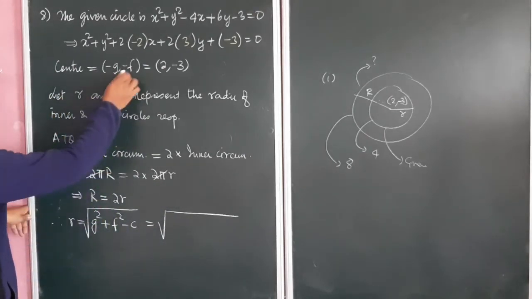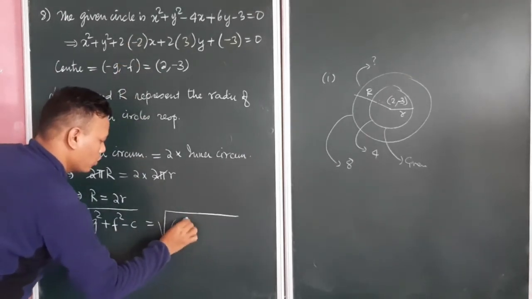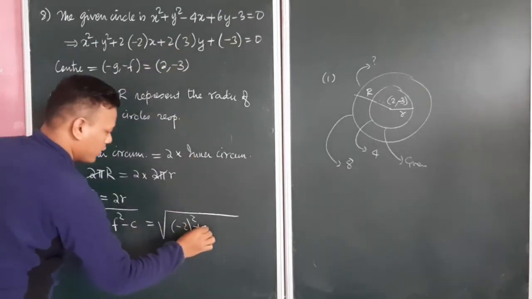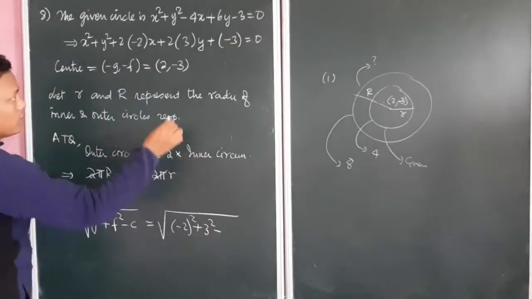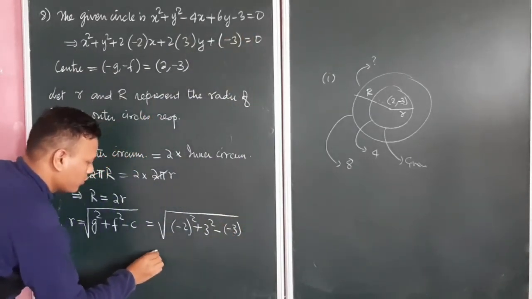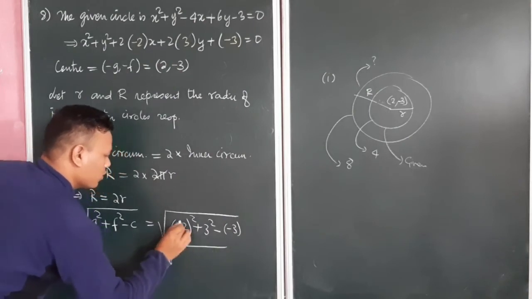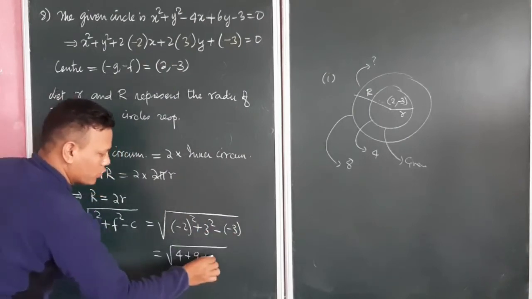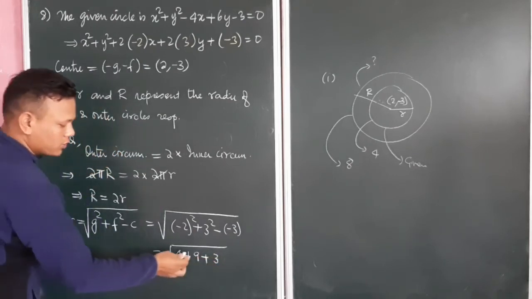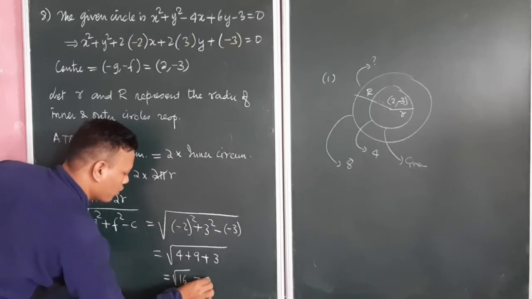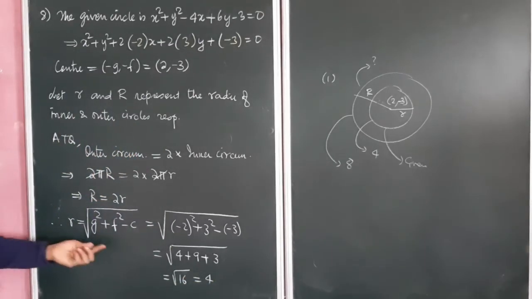What is g? g is -2, so (-2) square plus f is 3, so 3 square minus c, which is minus 3. So this is 4 plus 9 plus 3. Altogether this is 16. So the square root of 16 turns out to be 4. So that's why your inner radius is 4.